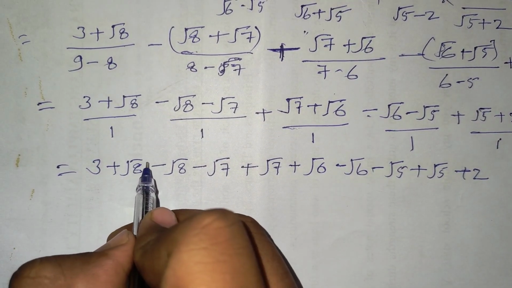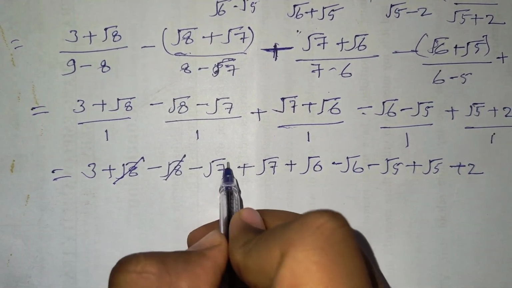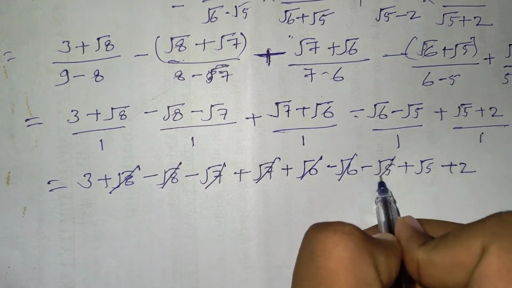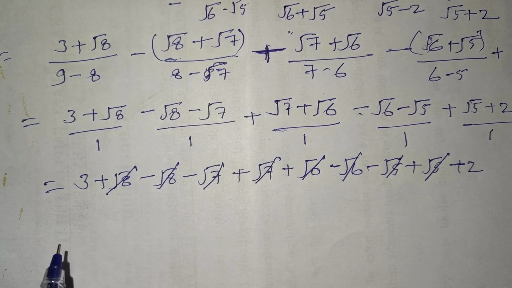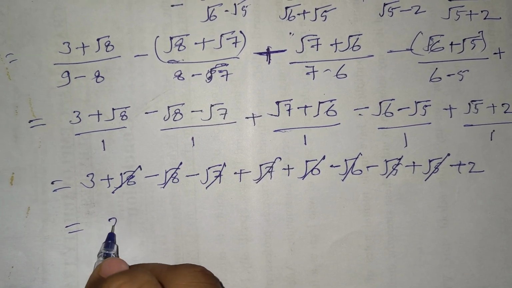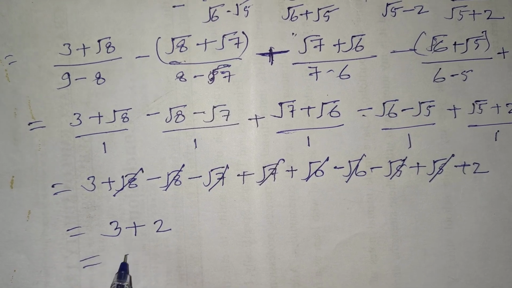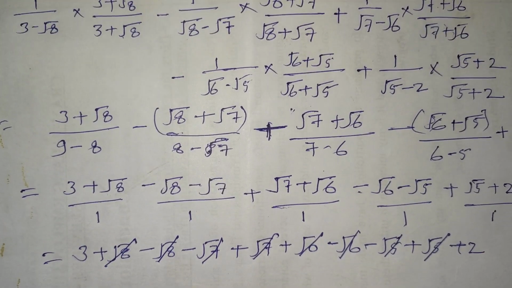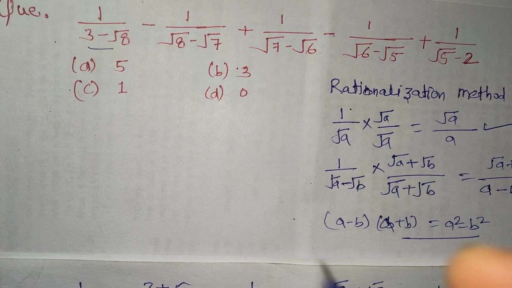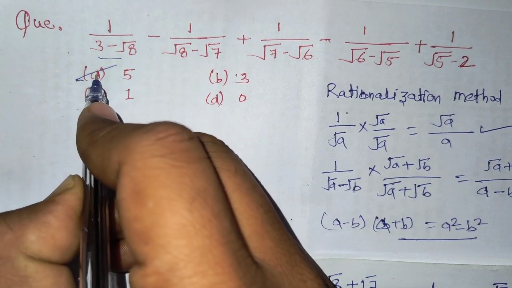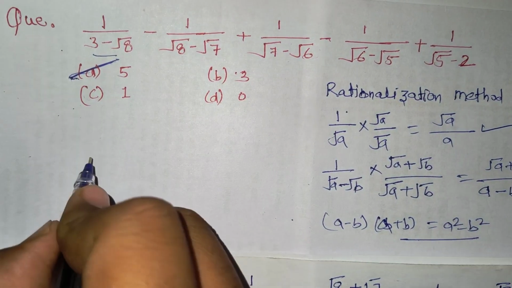Look, root 8 minus root 8 is 0, root 7 minus root 7 is 0, root 6 minus root 6 is 0, root 5 minus root 5 is 0. We now have 3 plus 2 which is equal to 5, meaning you have got 5 as the correct answer here.